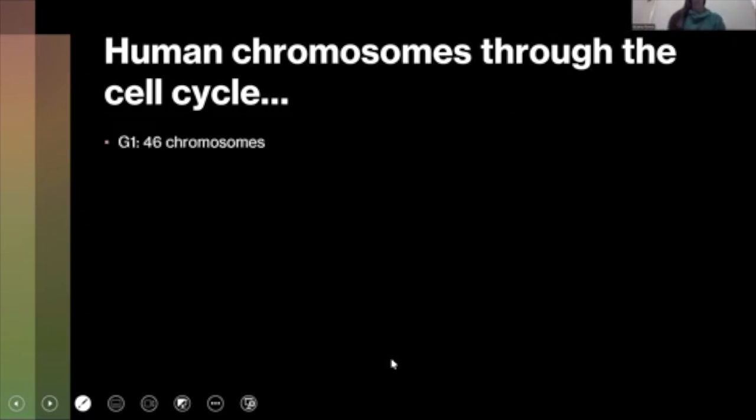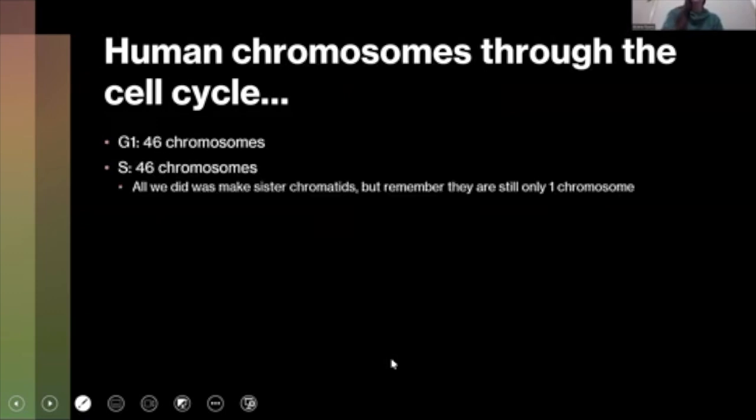So we know that human cells have 46 chromosomes. So in G1, we have 46 chromosomes. And then we go to the S phase where we still have 46 chromosomes. We know in S, what we're doing is DNA duplication, which is the sister chromatids. And sister chromatids that are together share a centromere. There's still 1 centromere, it's still 1 chromosome.